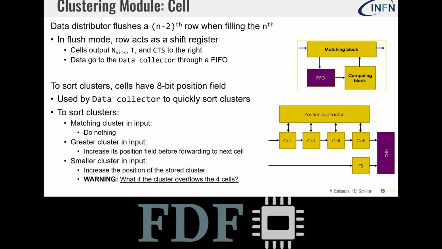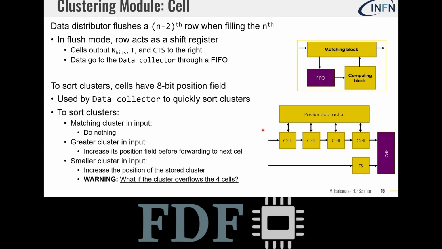But let's take this situation into account. All the cells are filled with a cluster, and in input to the first cell we have a cluster that has a time lower than all of the times in all the cells.